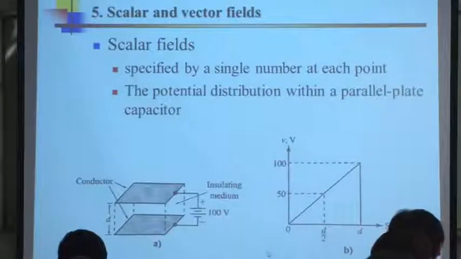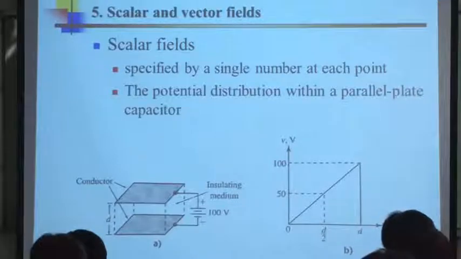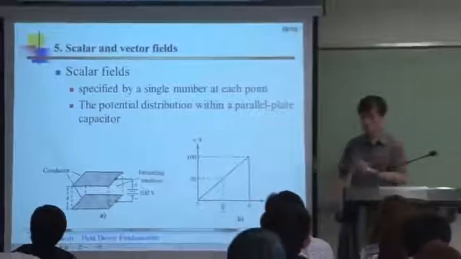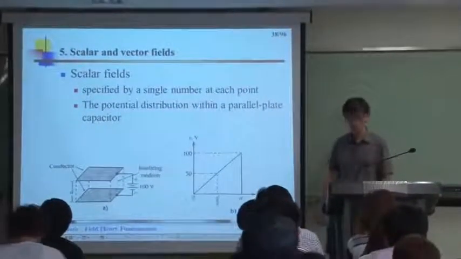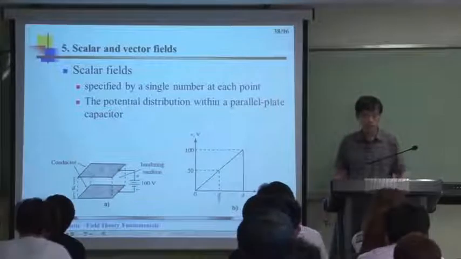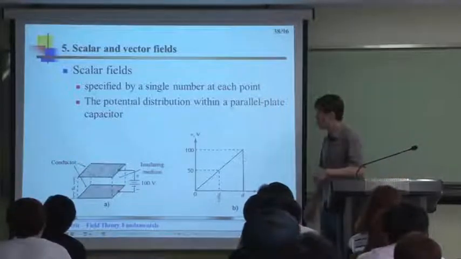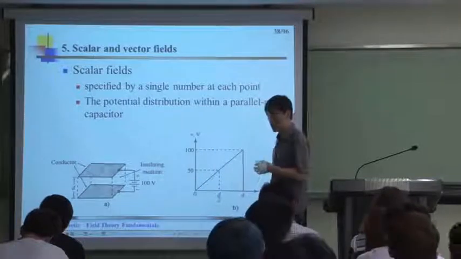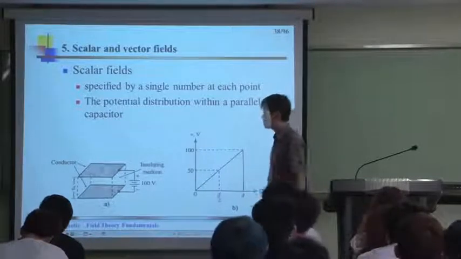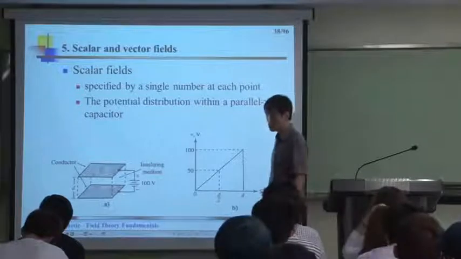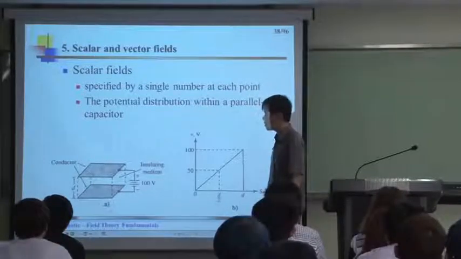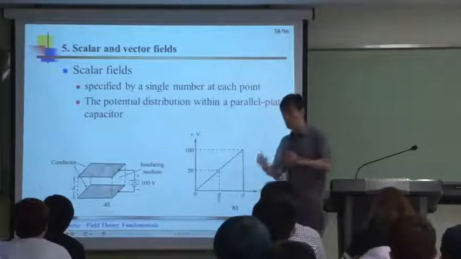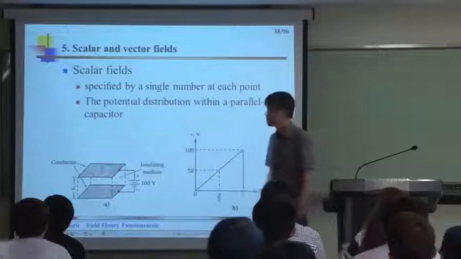Okay. Now, the scalar and vectors. So you are already familiar with the vector, and you know the difference of the scalar and vector. So generally, in order to represent some physical property, you can use the scalar or vector, depending on whether the physical quantity has the information of the direction or not.